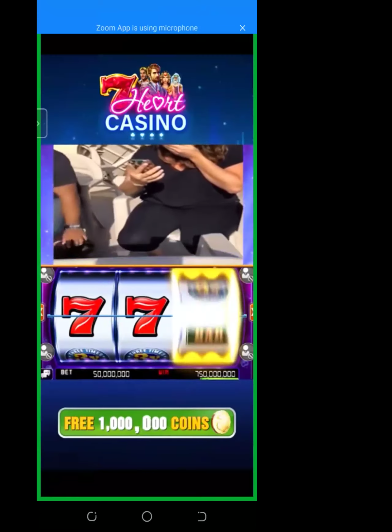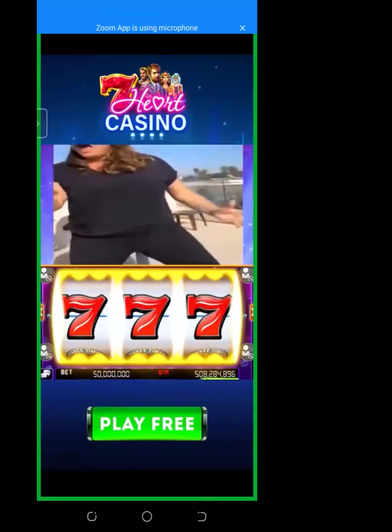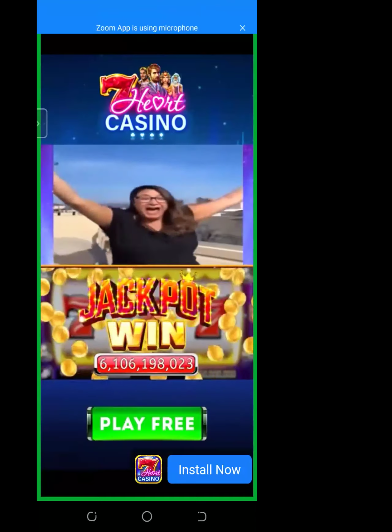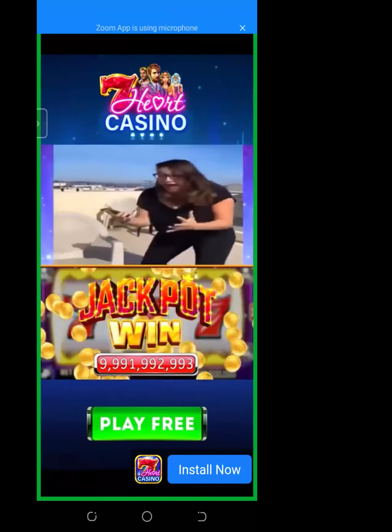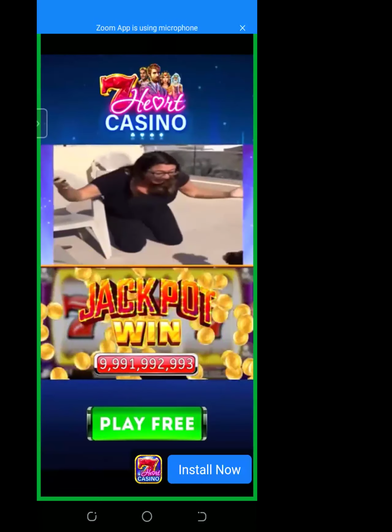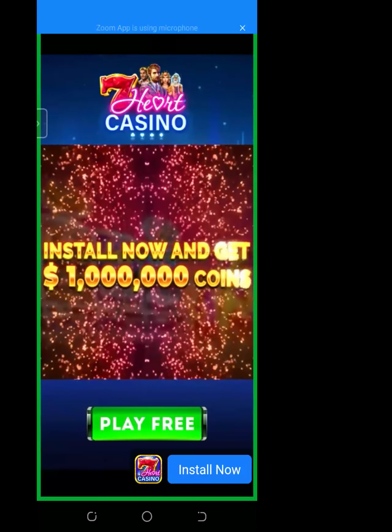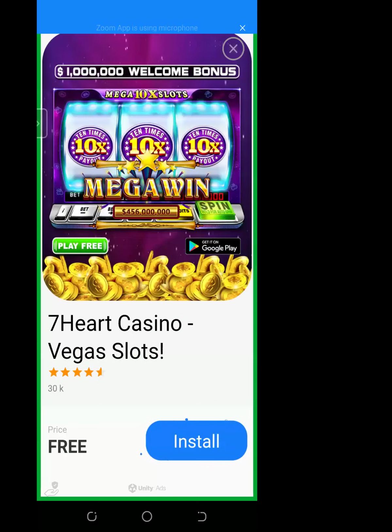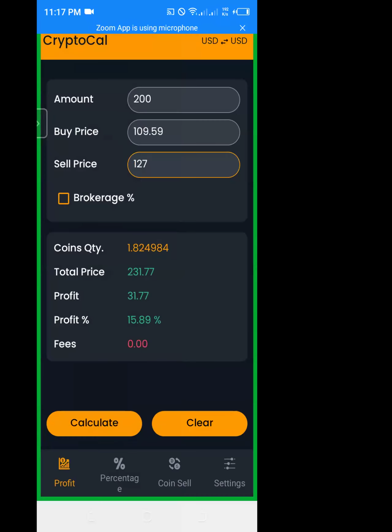They will give you some advert. Yes, you have to first watch that advert to get your results. So you give it like 1 minute. I want to show you how you can use this application. Just come up with the buy price and now I think you can see it.